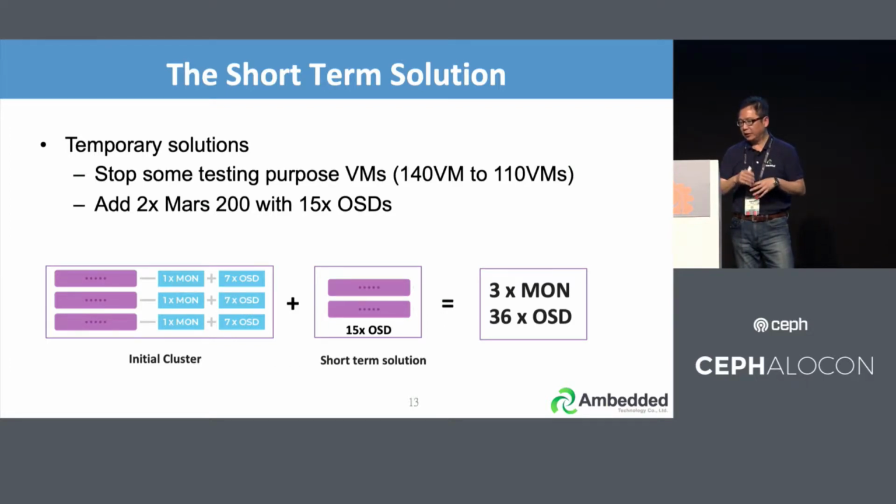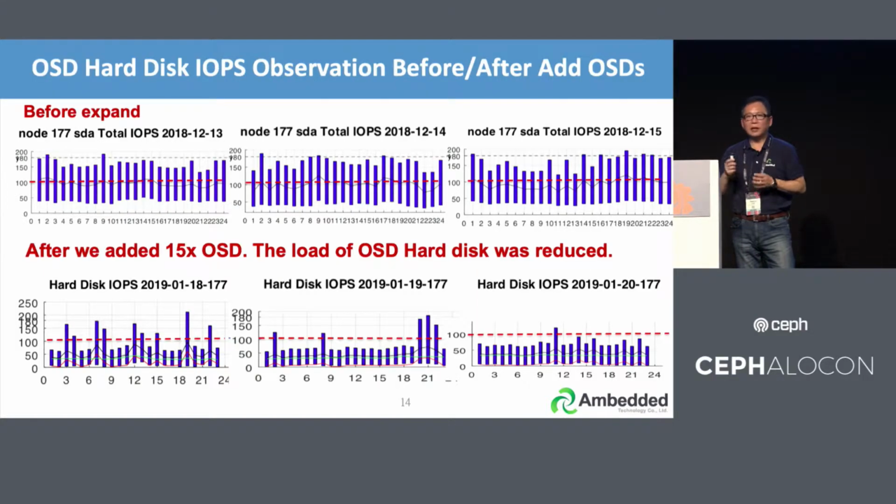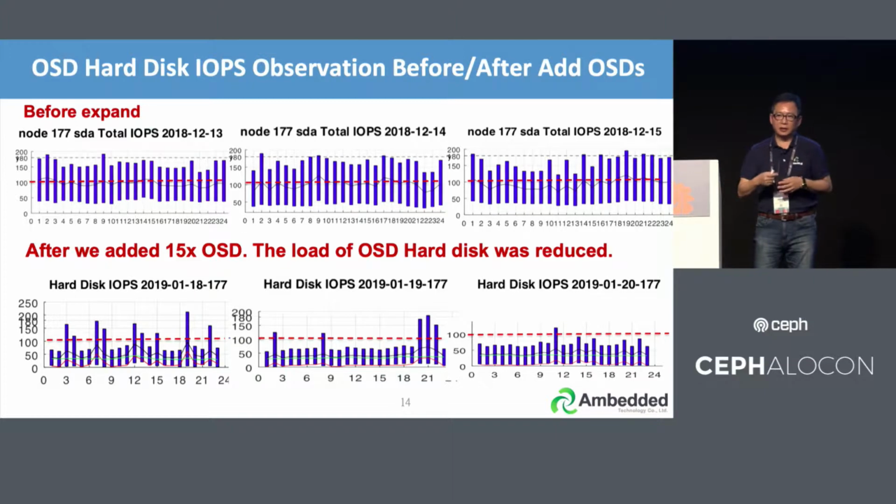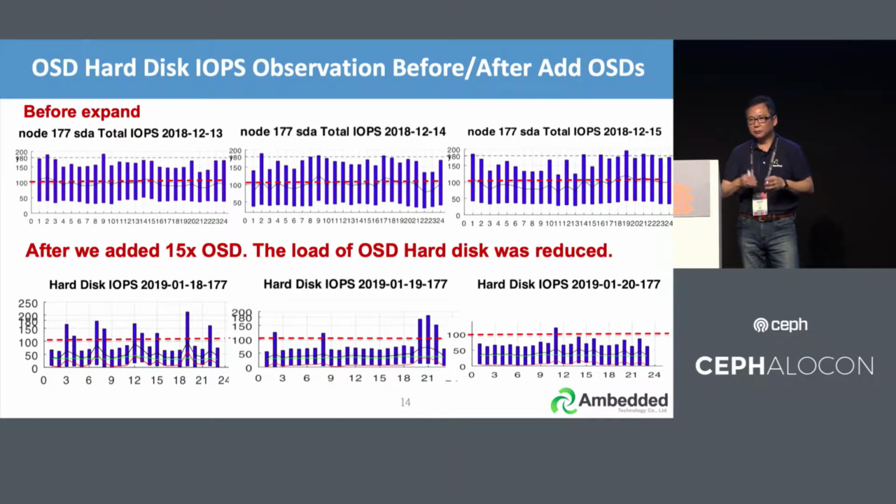After we add the 15 new OSDs, which are also the Jewel version, it becomes 66 OSDs. After we add the OSDs, we can also monitor and check how the OSD load changes.